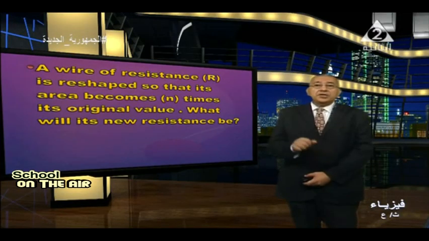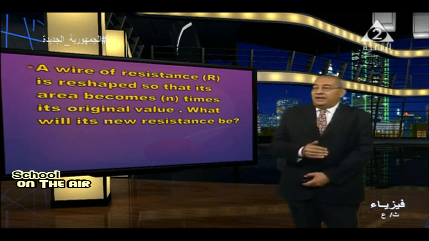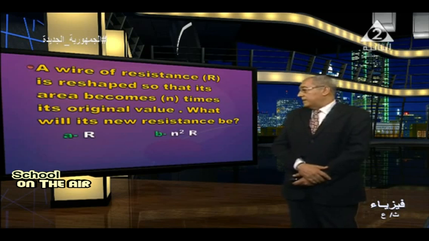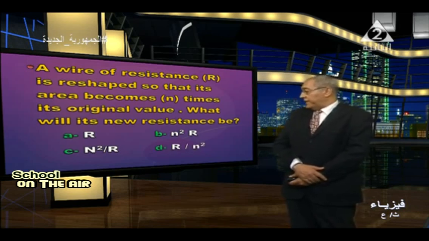And the relation between them is an inverse relation. What about the choices? Is it R, N squared R, N squared over R, or R over N squared?